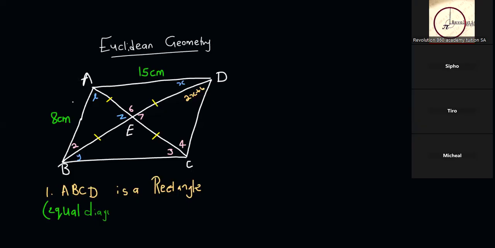It's because it has equal diagonals, AC and BD, which bisect each other at E. You'll write: bisect each other at E. So that's basically how it is.